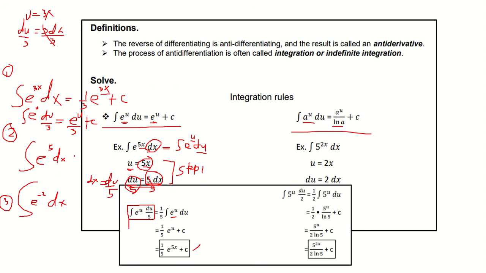Next, number 2. What is the integral of... what is our u? 5, du, 0 dx, di ba na?